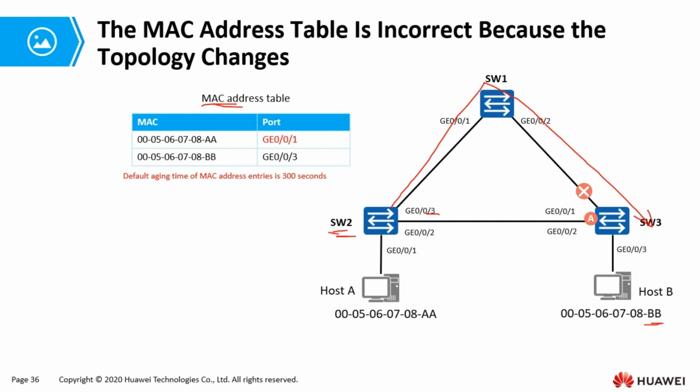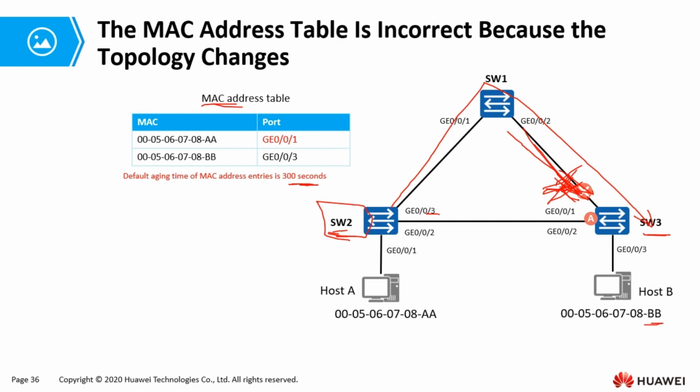Here, because there is a topology change on switch 3, this link is faulty, it's broken and cannot forward anymore, so traffic must go through this other link. But the MAC address table under switch 2 still is not aware, because the aging time of the MAC address table is 300 seconds. So they are not aware that there is a link failure here between switch 1 and switch 2.